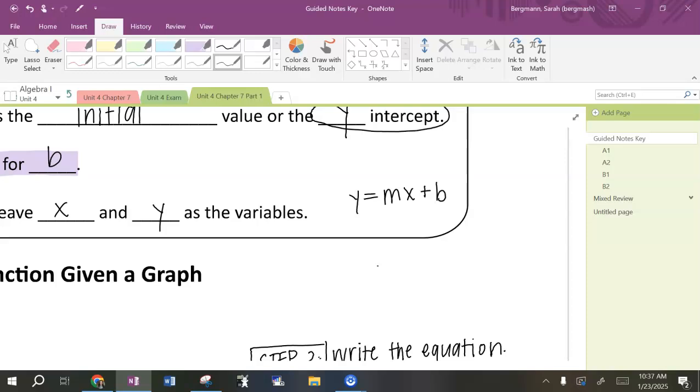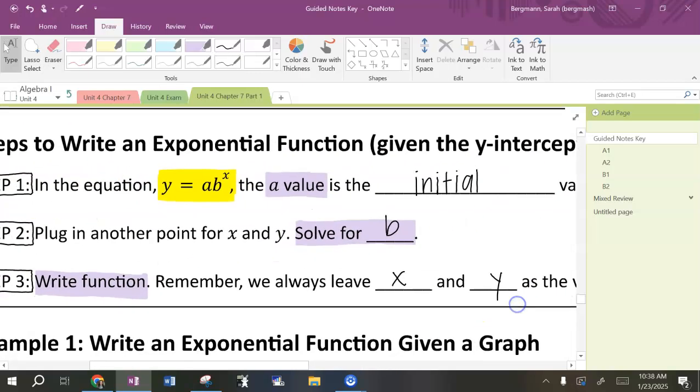In that form, you had to fill in m, the slope, and b, the y-intercept. You would always leave x and y as your variables. You would fill in a number for m and b, but x and y stay as x and y. You're doing the same thing here. You're going to fill in a number for a and b in your final answer, but x and y in your final answer are just going to stay as the variables x and y.